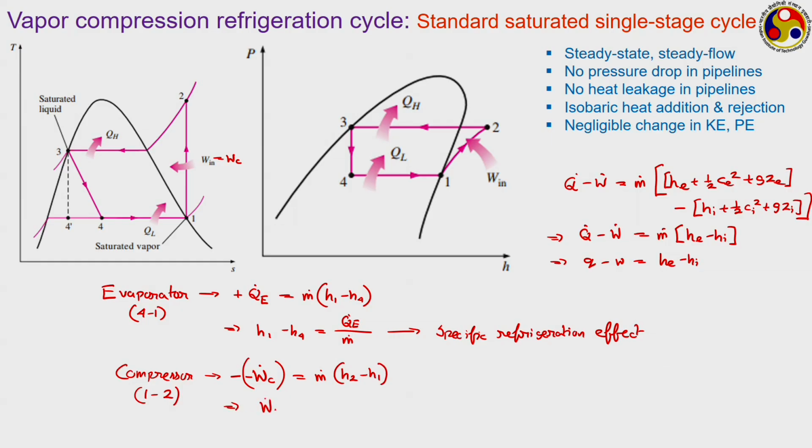That is, W dot C is equal to m dot into h2 minus h1, and if there is any heat transfer going on, then we also have to add that, but we are assuming it to be isentropic, and therefore, this compression work is given as m dot into h2 minus h1.